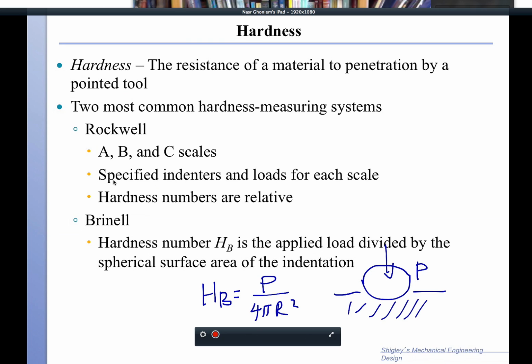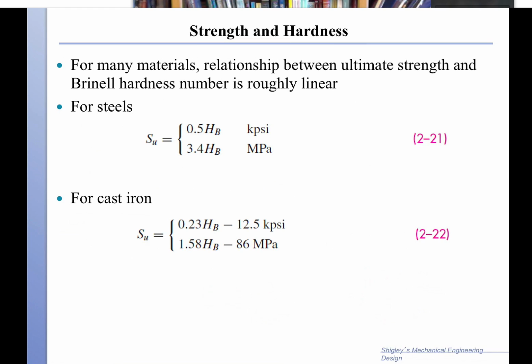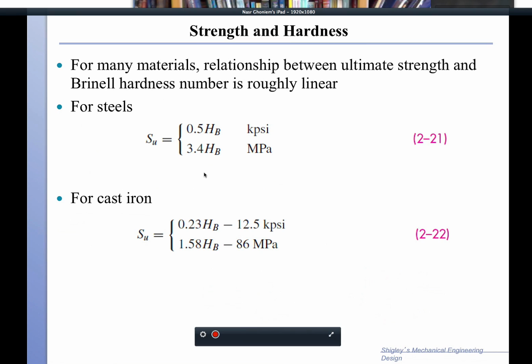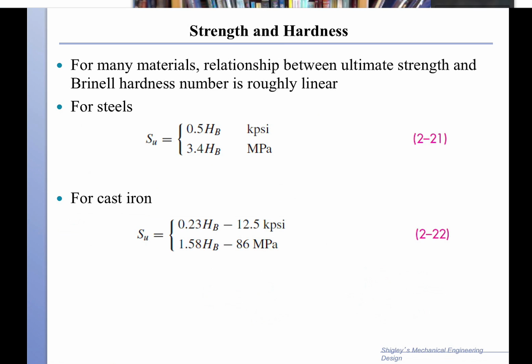So here it goes, we can just look at the relationship. For the case of steels, for example, the ultimate is say half of Brinell if you're talking about kPSI. So if the Brinell number is 200 kPSI, then the ultimate strength will be 100 kPSI.